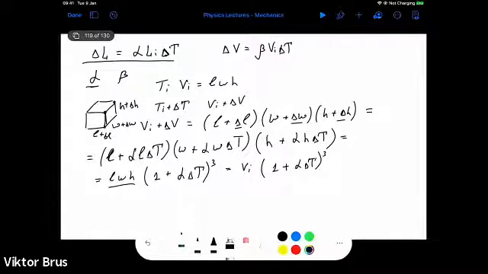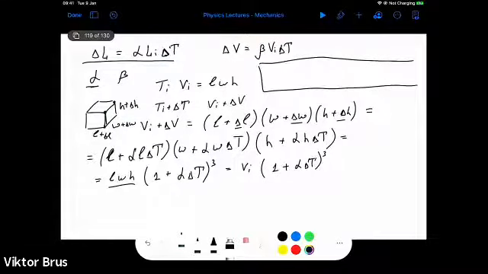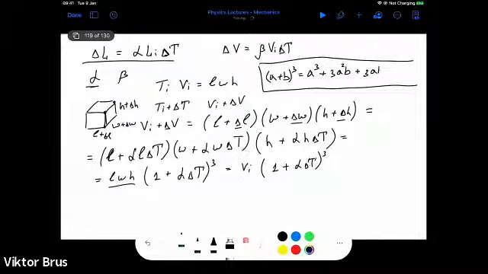Taking into account that, maybe let's write it here, (A plus B) to the third power can be written as A cubed plus 3A squared times B plus 3A times B squared plus B cubed.